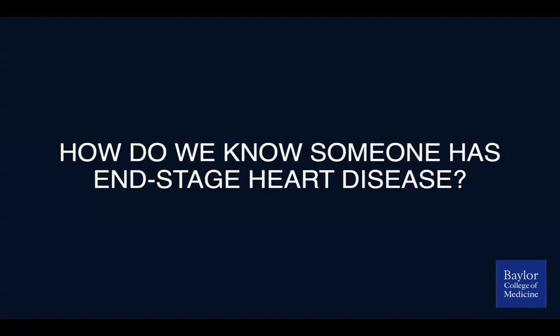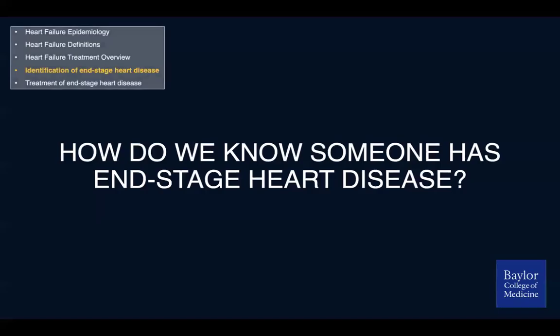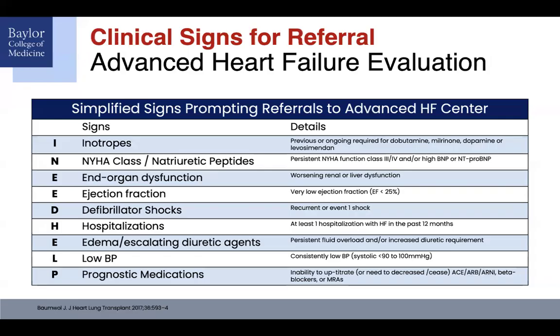So how do we know someone has end-stage heart disease? So identification of end-stage heart failure or heart disease. One of the things that we can use is this mnemonic called I NEED HELP. So if the patient requires inotropes, medications that augment function, but at the detriment of increasing oxygen demand, that is one of the clues.